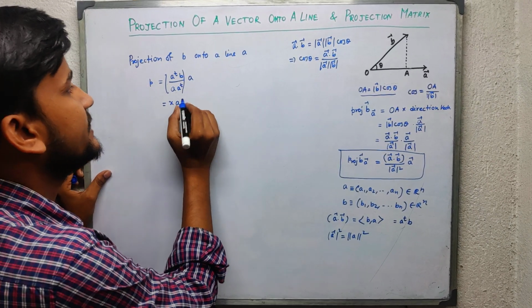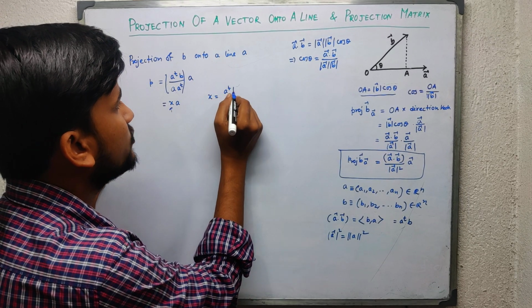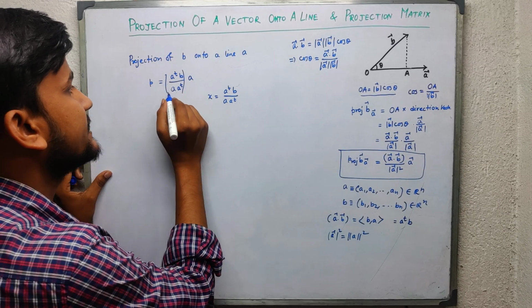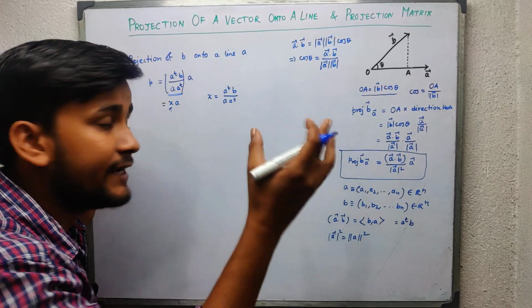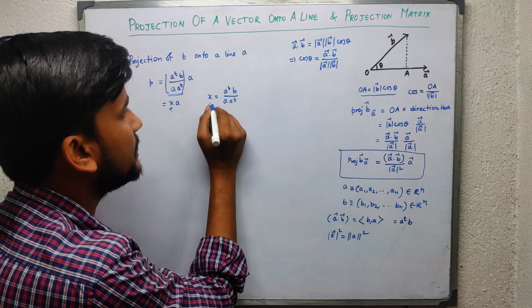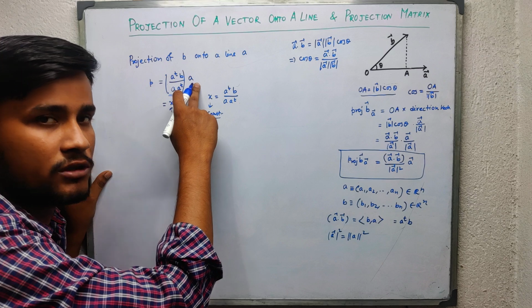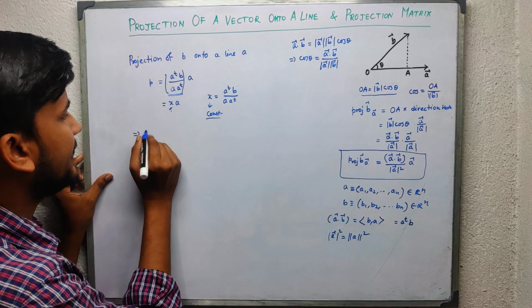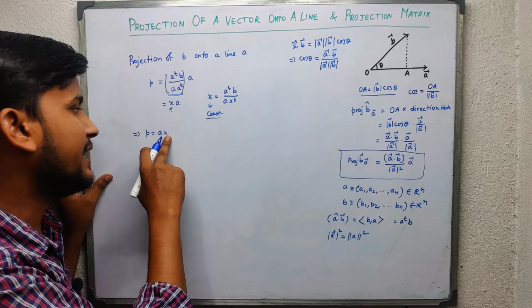This X is equal to A transpose B by A transpose A. Since this is a scalar quantity, in linear algebra it is just a constant, and A is a vector in n-dimensional vector space. Therefore we can write P equal to A into X instead of X into A, because X is a scalar.